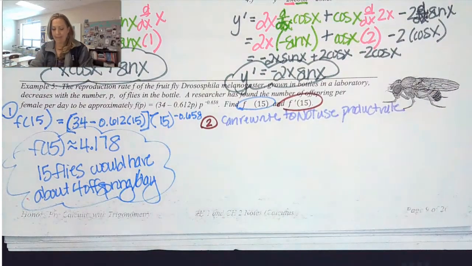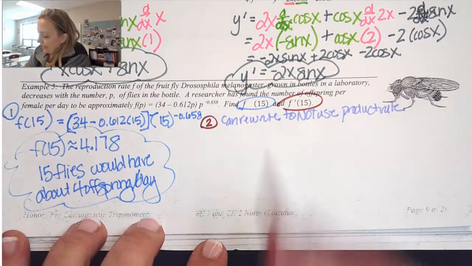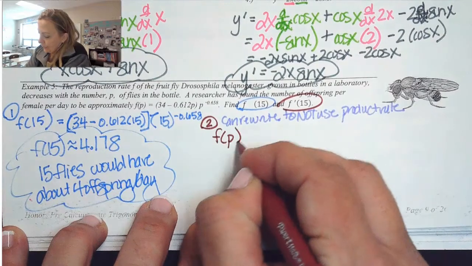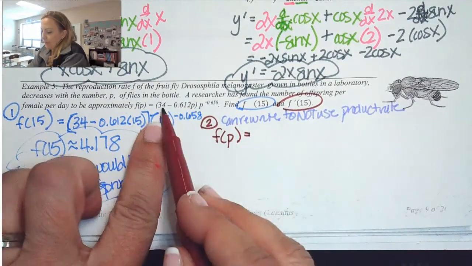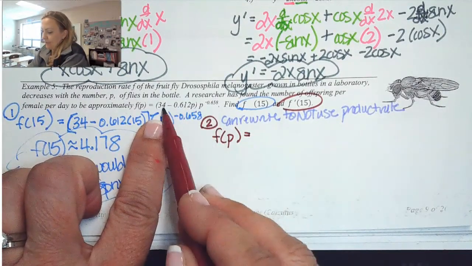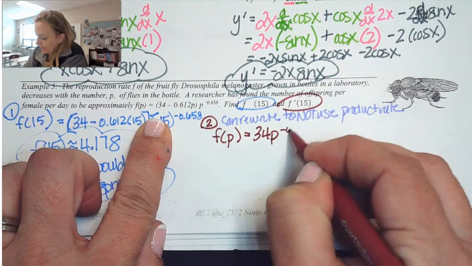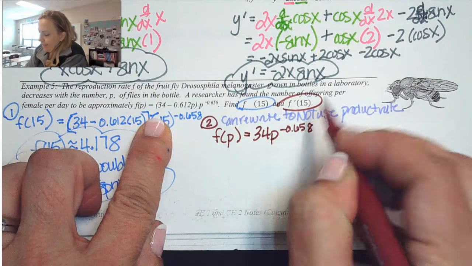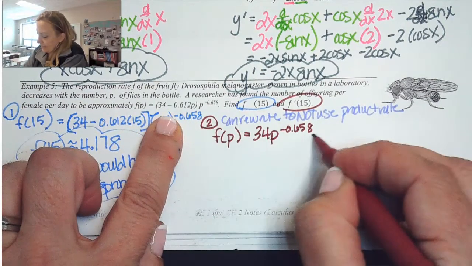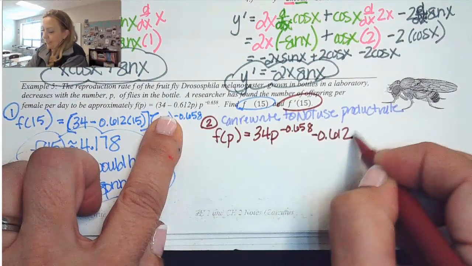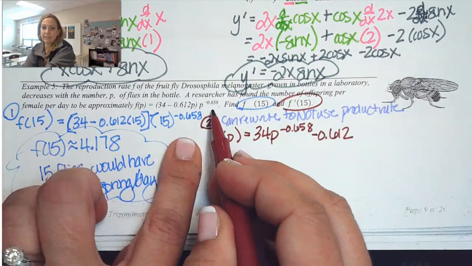All right, and so if we were to do that, I'd have f of p equals, and I would multiply the 34 times p to the negative 0.658, and then I'd multiply negative 0.612p times p to the negative 0.658.